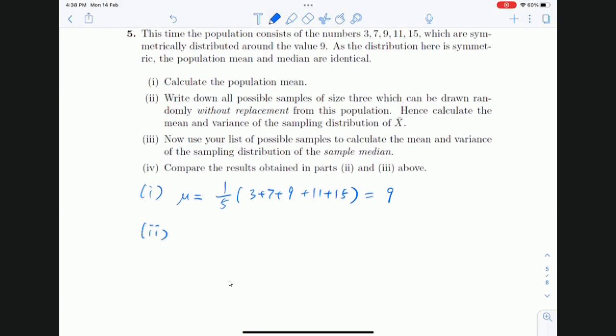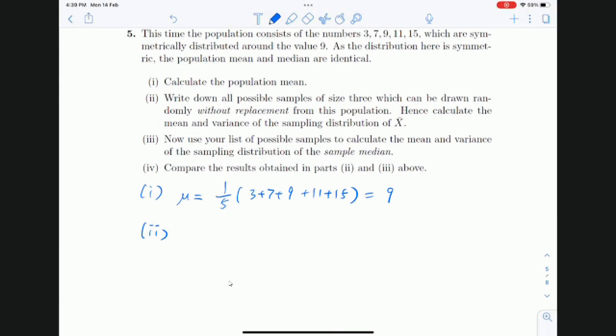Now part 2 is quite clumsy because we are asked to write down all the possible samples of size 3 drawn without replacement from the population. You know what I mean by drawing a sample without replacement. We don't have to repeat an observation in the sample.